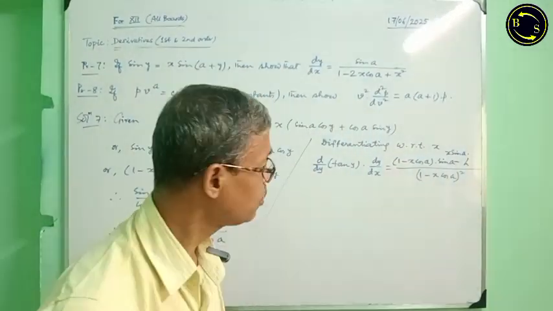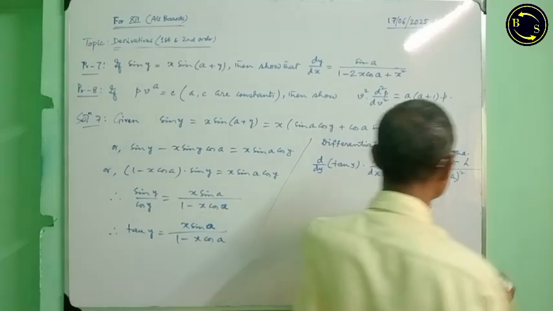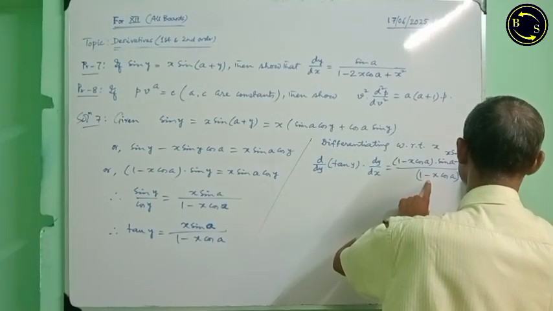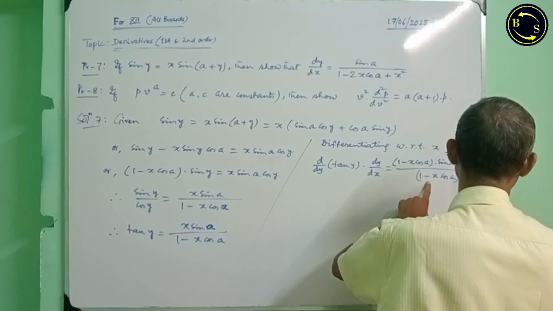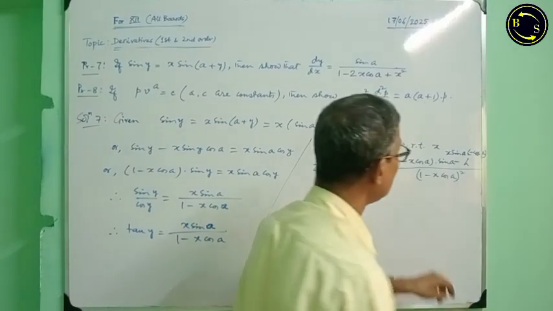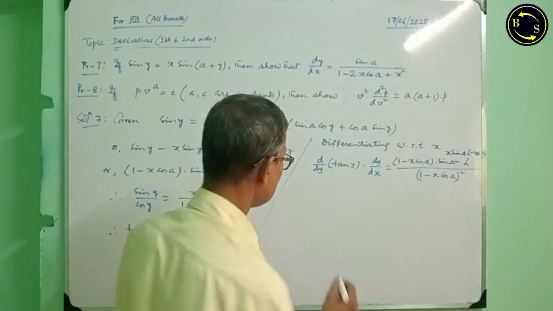Derivative of 1 is 0, minus x cos a, that means minus cos a.